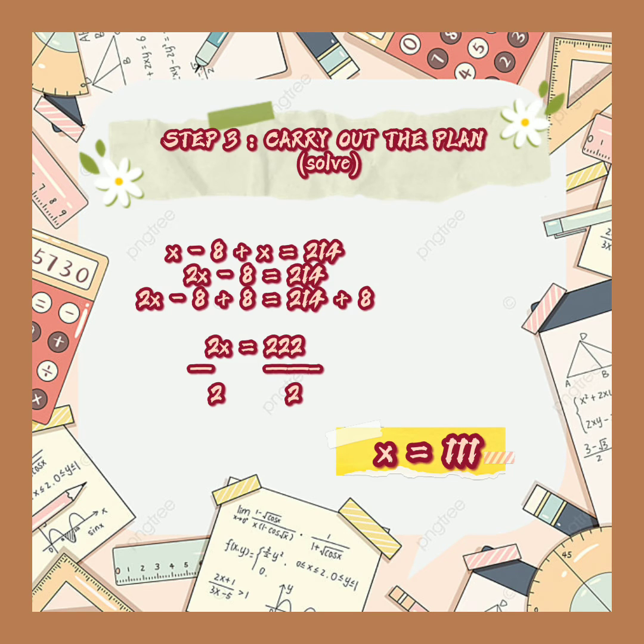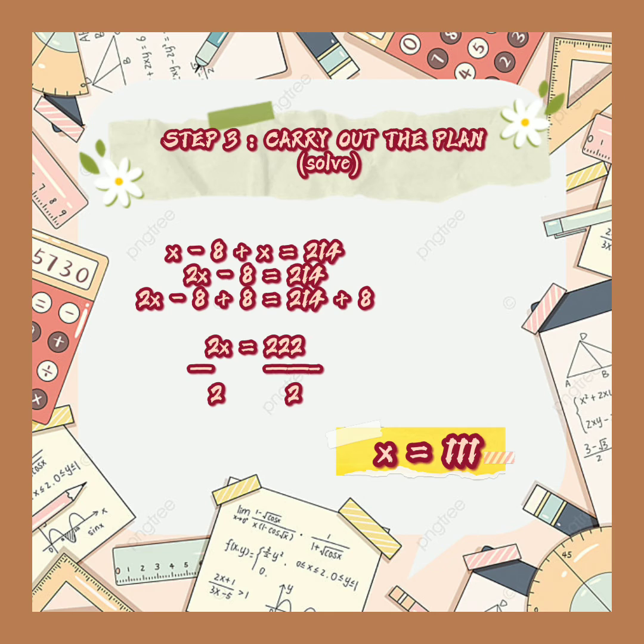In step 3, we will carry out the plan, or we will solve the problem. So let us have x minus 8 plus x equals 214. Now we will combine like terms. So 2x minus 8 equals 214. And the opposite of subtracting 8 is adding 8.